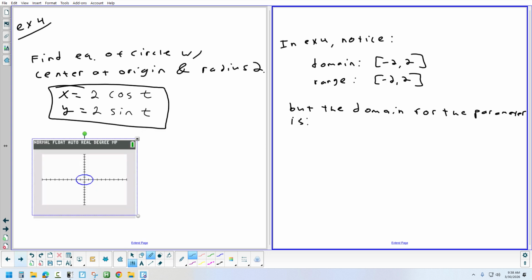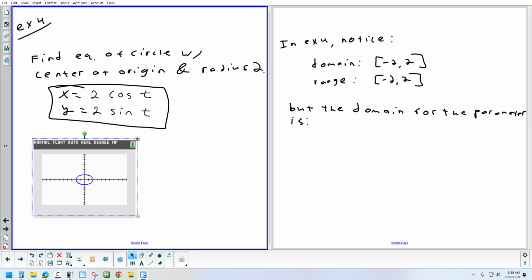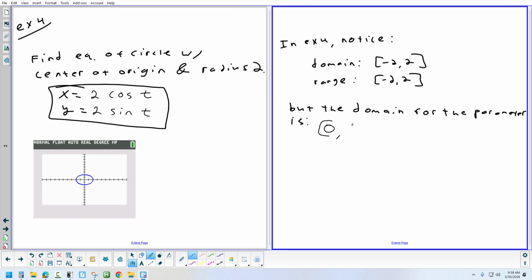Any questions on that one? So notice when we did the circle, the domain for the circle was -2 to 2, and the range was -2 to 2. That's where the circle fit on the screen. But the domain for the parameter was 0 to 360. It gets a little tricky when you do it in radians because you're going 0 to 2 pi. So 2 pi is not a nice number.